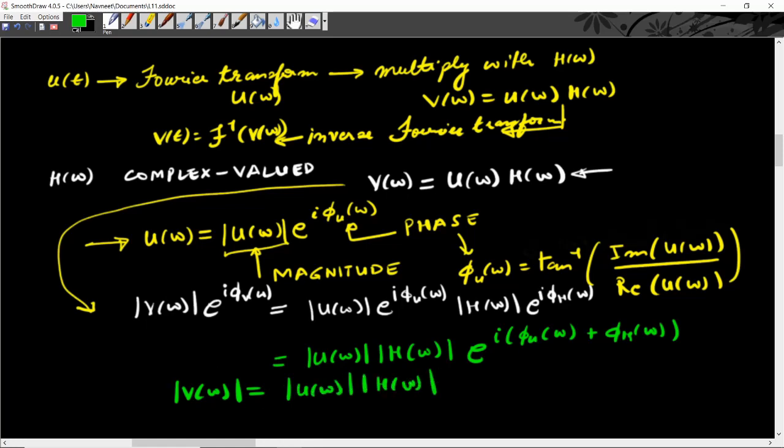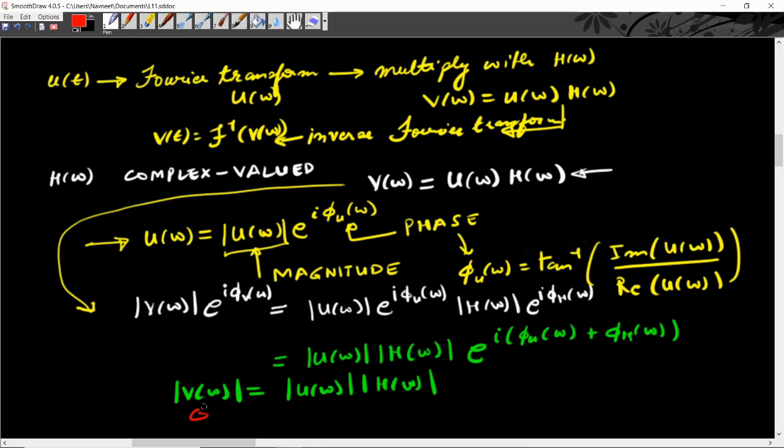So this equation shows that the magnitudes of H and U multiply and we get this equation, that is, the magnitude of the output signal in the frequency domain is equal to the product of the magnitude of the Fourier transform of U and the transfer function, that is the Fourier transform of the impulse response.